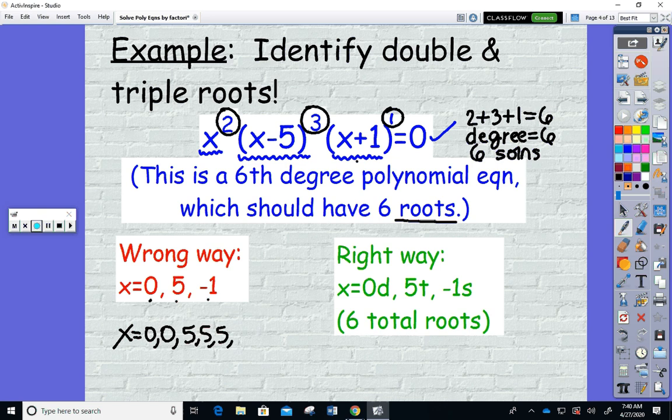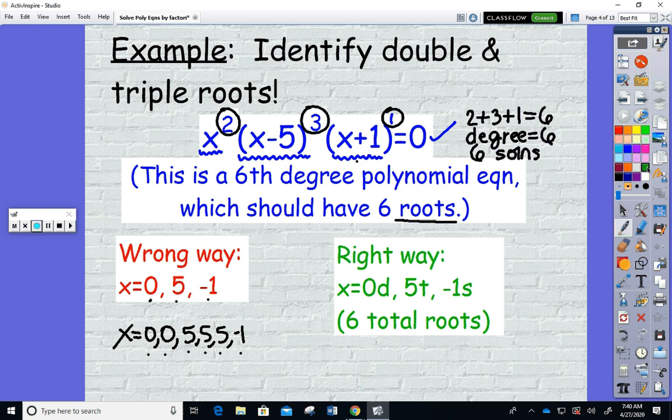X equals -1, and that's it. Just -1 for x plus 1. And then you have 1, 2, 3, 4, 5, 6. You could write it out like that if you wanted to, but you've got to be clear about what all the answers are. So you'll see me write it the way I've shown you in green.